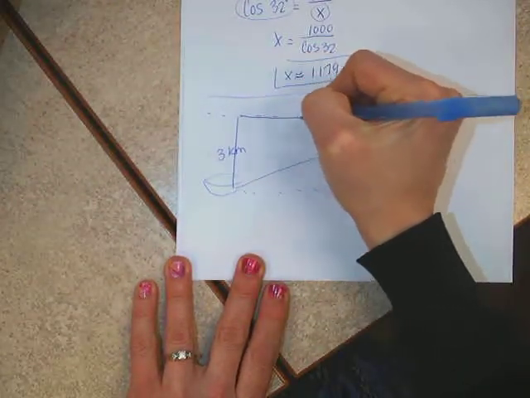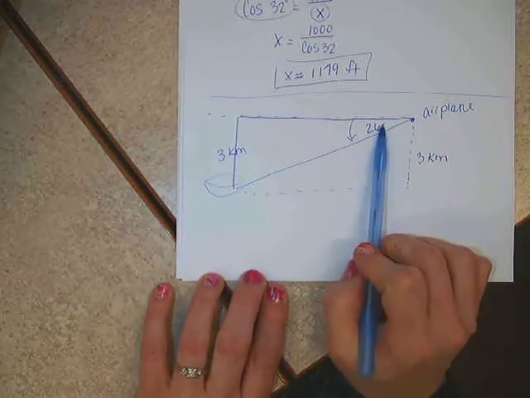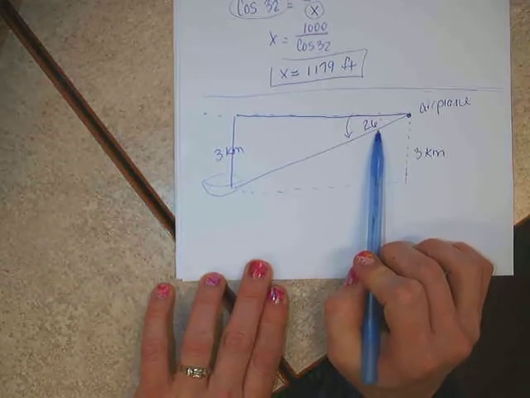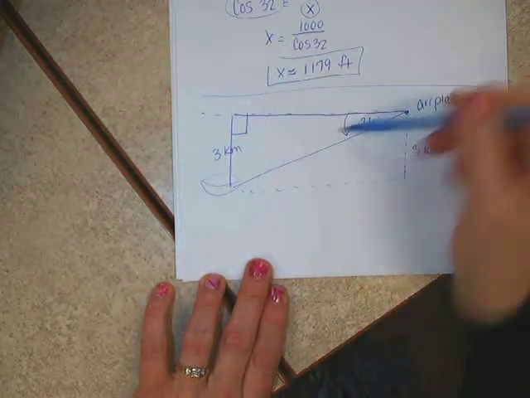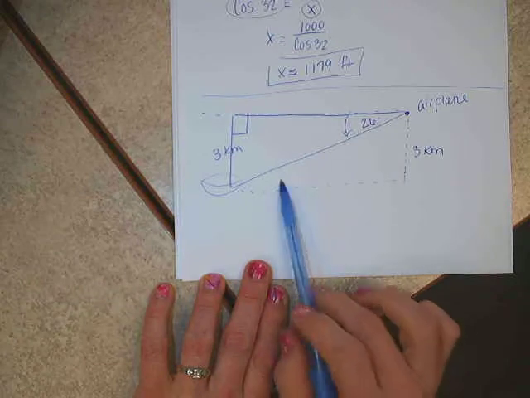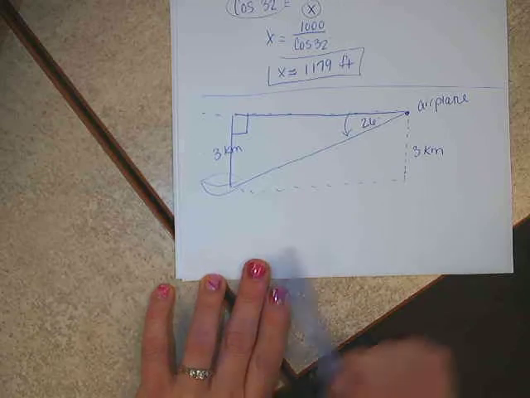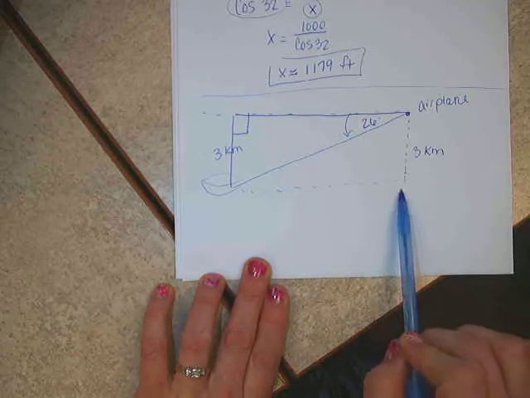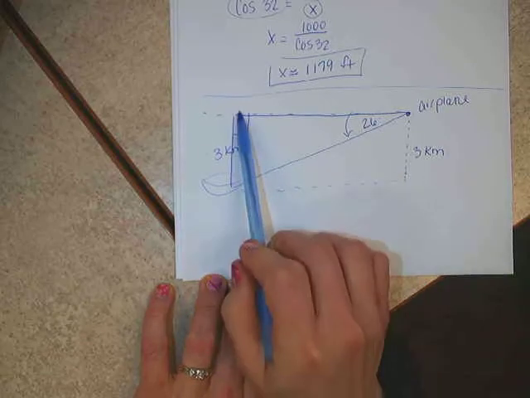But if it is easier, instead of having our vertical here, we can do our vertical here, because it would still be 3 kilometers, and we could use that triangle. But 26 would have to be inside the triangle that we are creating. So whether you call this 26 or that 26, it needs to be inside.